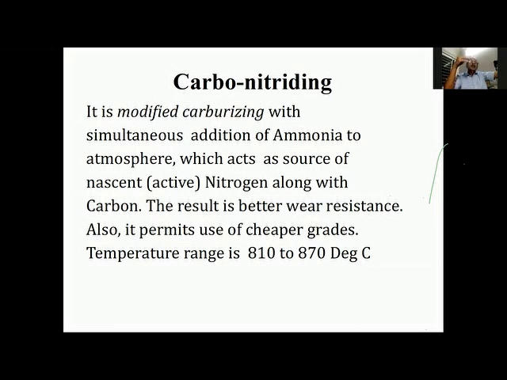Similarly, normal nitrogen which is present already in the gas cannot do nitriding or carbonitriding. But if it is in the cracked form as nascent nitrogen, it can penetrate. And so simultaneous diffusion of these two elements will occur.